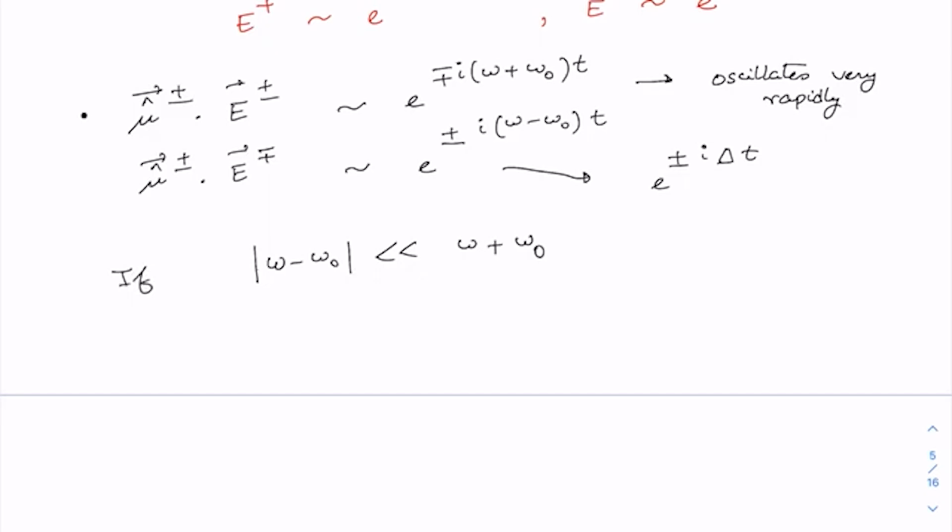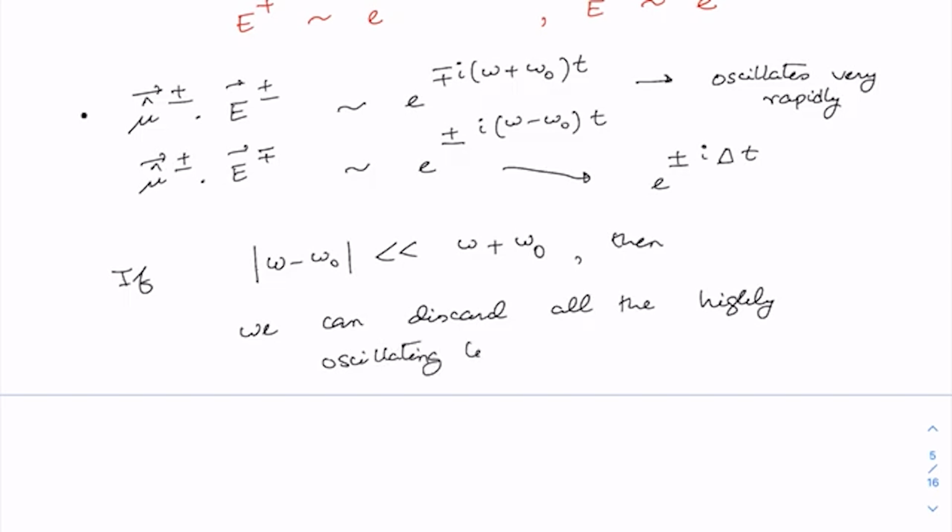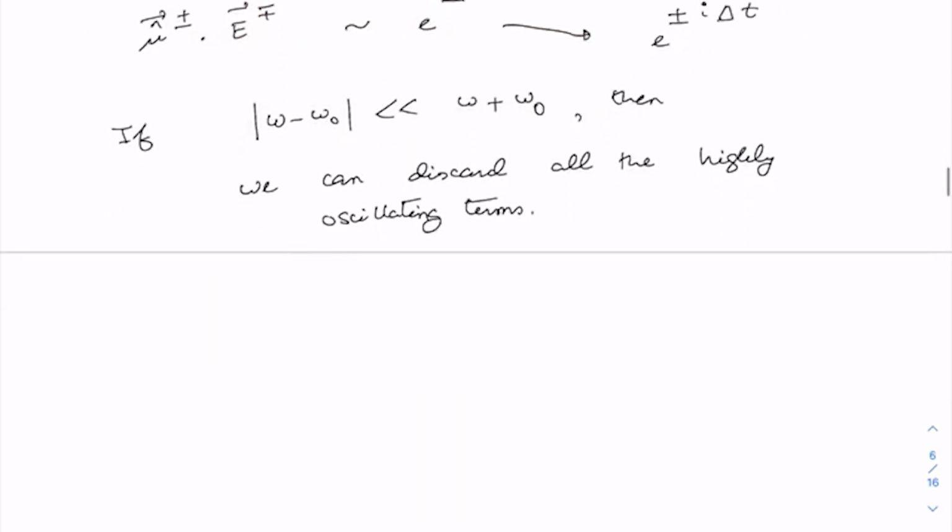So if this condition is there, then we can discard all the highly oscillating terms, and this approximation is widely used, and it is known as the rotating wave approximation, or famously in short it is called RWA.